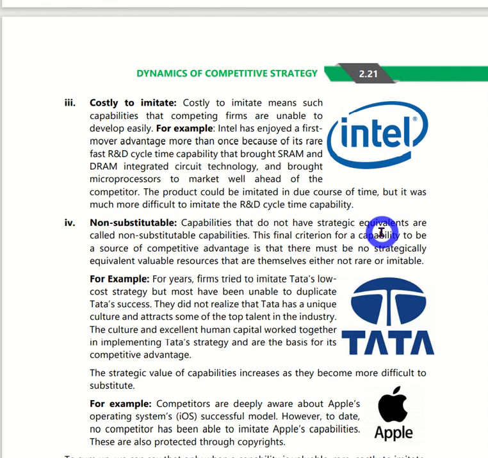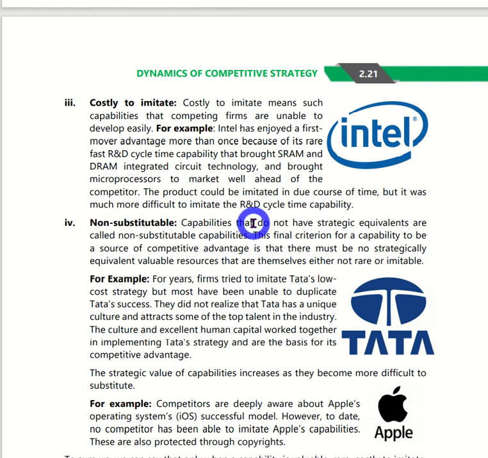But how should that strategic equivalent be? This final criterion for a capability to be a source of competitive advantage is that there must be no strategically equivalent valuable resources that are themselves, underlined, that are themselves either not rare or imitable.